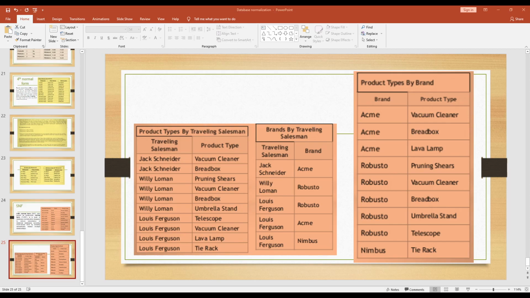Suppose, however, that the following rule applies. A traveling salesman has certain brands and certain product types in his repertoire.